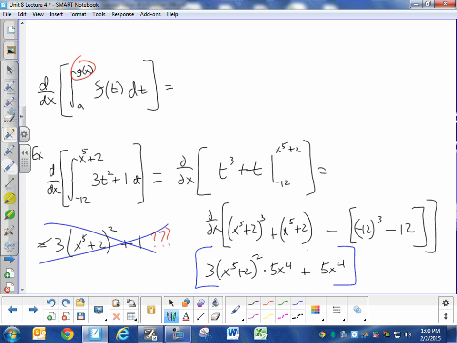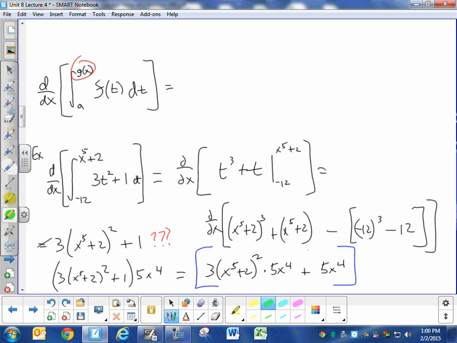But it's close to this, actually. Let's go back, maybe. Let's not cross this out so quickly. Watch how I can rewrite this. This is 3 times x to the fifth plus 2 squared plus 1, all being multiplied by 5x to the fourth. Right?